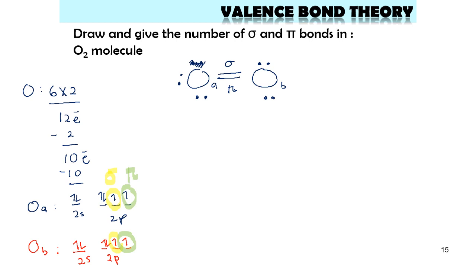Okay, now let's draw the overlapping. First thing first, you need to start with the sigma bond.